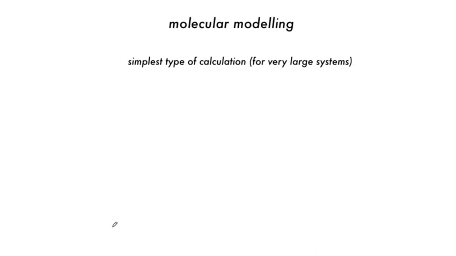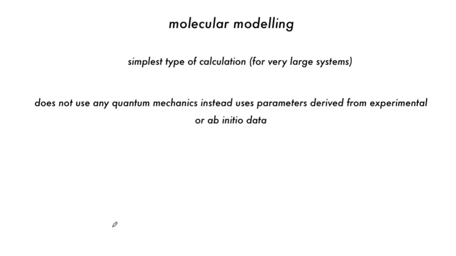Molecular modeling. This is the simplest type of calculation, but it's typically only used for large systems. It does not use any quantum mechanics, instead it uses parameters derived from experimental or ab initio data. So what some systems do is, for some molecules the experimental data maybe is lacking or doesn't exist. So you can calculate it to a reasonably good standard using ab initio techniques like DFT or Møller-Plesset theory or Hartree-Fock or whatever.